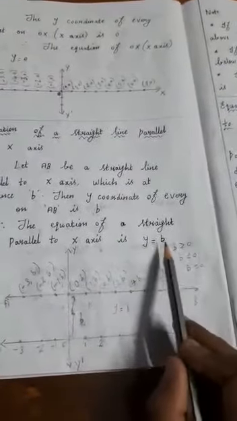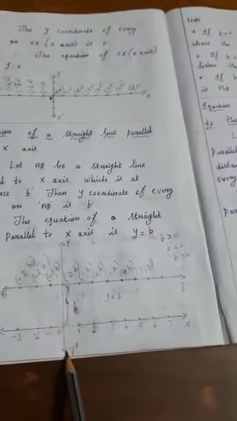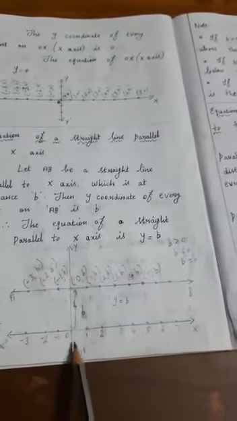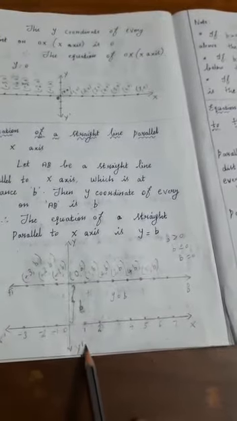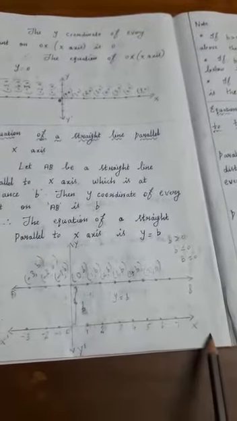For example, if minus 4 is there, here y is equal to minus 4. Minus 4 means we need to take the lower part only, because the negative side of the y-axis is here. So how will you plot these points? 0 comma minus 4, 1 comma minus 4, 2 comma minus 4, 3 comma minus 4, like that it will go.